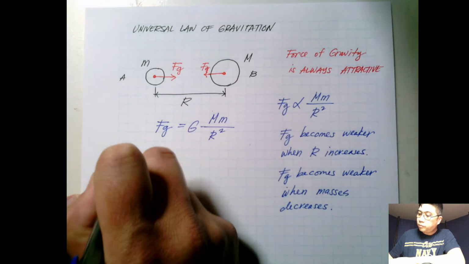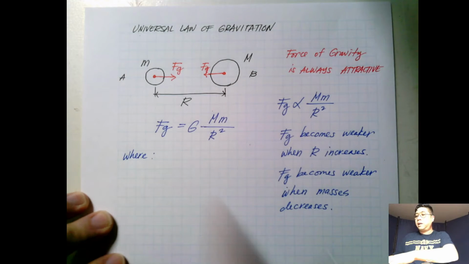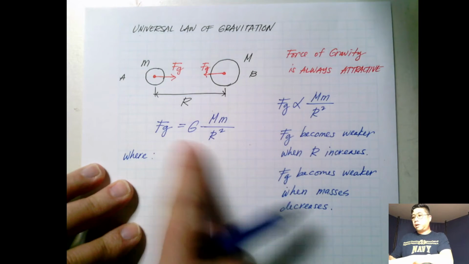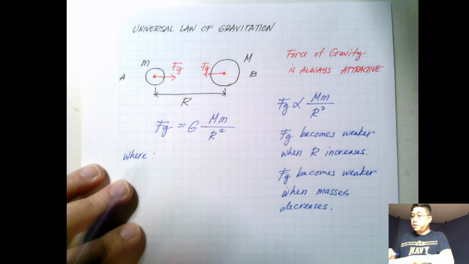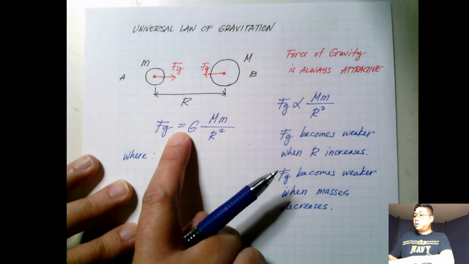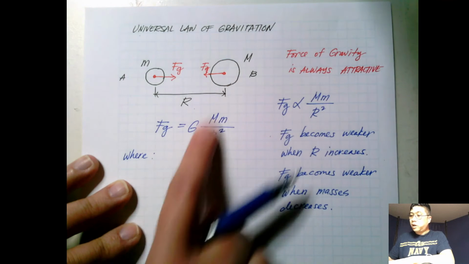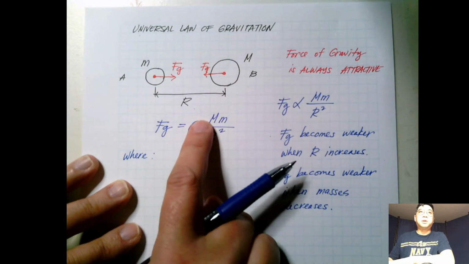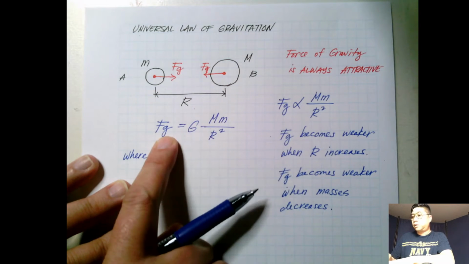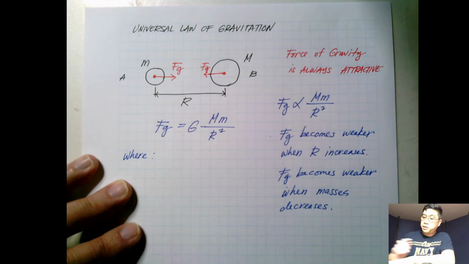You might be asking why G is in this equation. In a mathematical equation, in order to express a relationship, there should be a constant, and that constant is called the gravitational constant G.